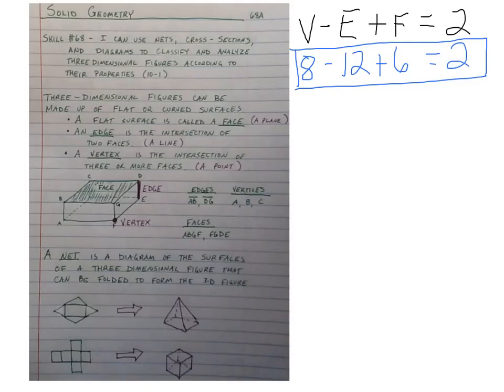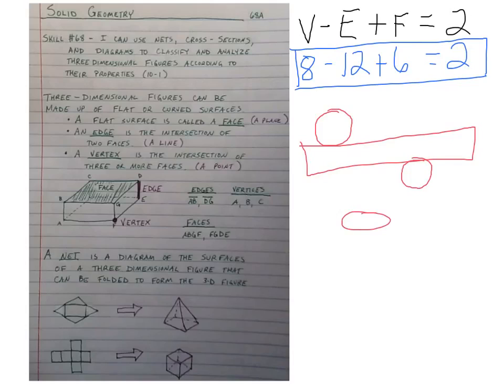If I wanted to make the net of a cylinder, I would have a circle for the base, a rectangle for the edges, and then another circle for the base. So we could fold these down and wind up making essentially a cylinder.